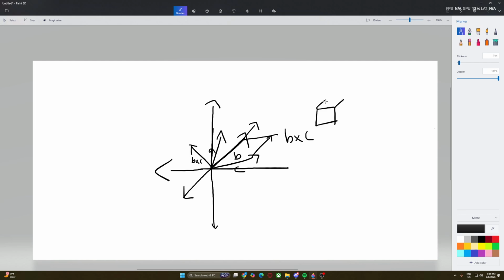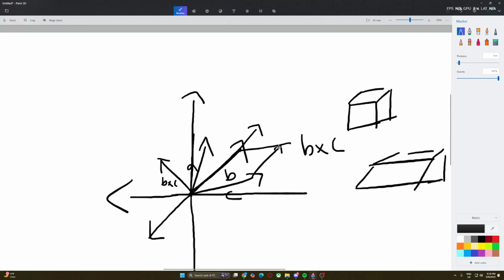From here we're getting the area of a 3D parallelogram. It's called a parallelepiped or something like that. I have no clue. So we're getting the area of this kind of shape. I don't know what a parallelepiped looks like, but there's a vector right there, and that's parallel to that, parallel to that, and it connects.